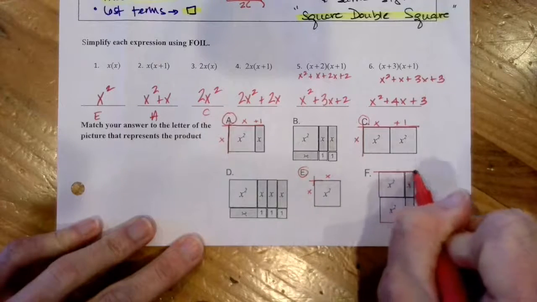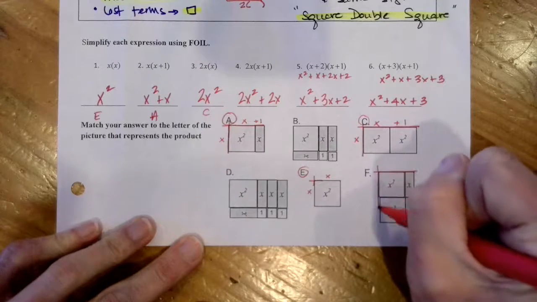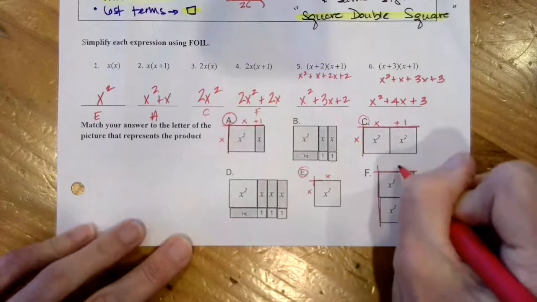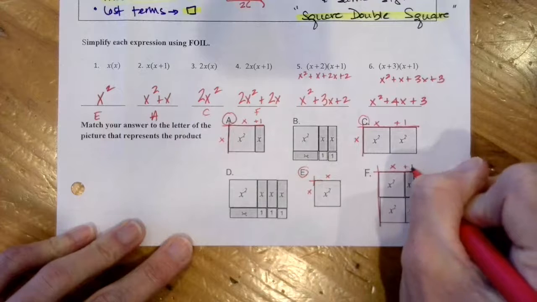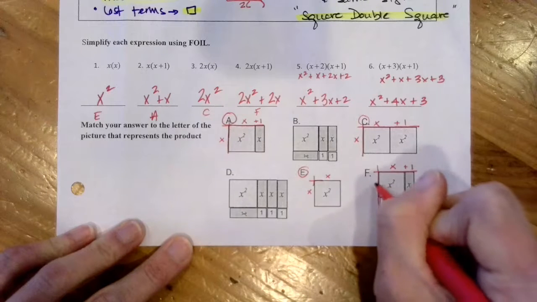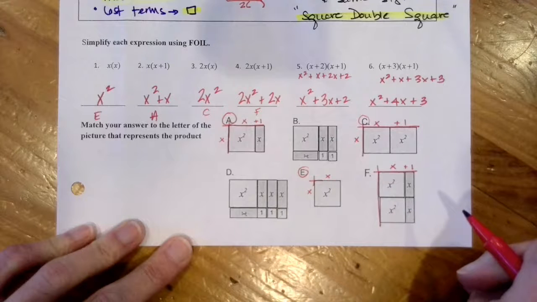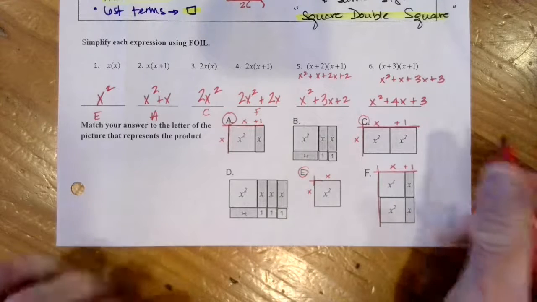And if I look, that one matches up with f, because this is an x and a plus 1, and this is 1x squared and another x squared, which is going to be 2x squared.